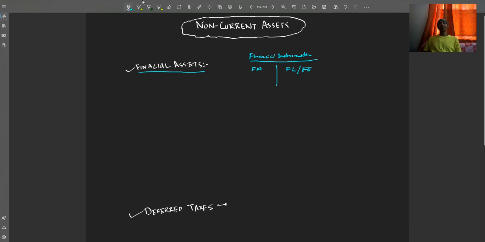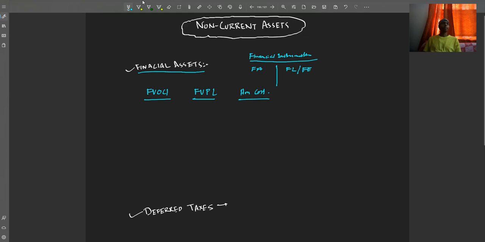There are three modes under which financial assets can be categorized. One is fair value through other comprehensive income. One is fair value through profit and loss. Another is amortized cost. Now, what kind of financial assets fall in which category?